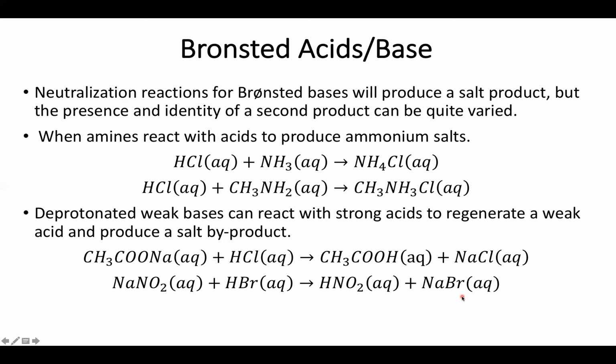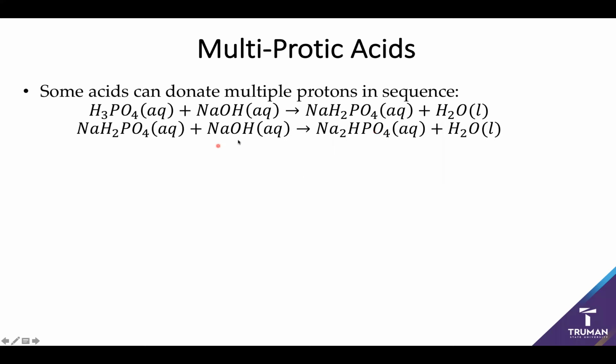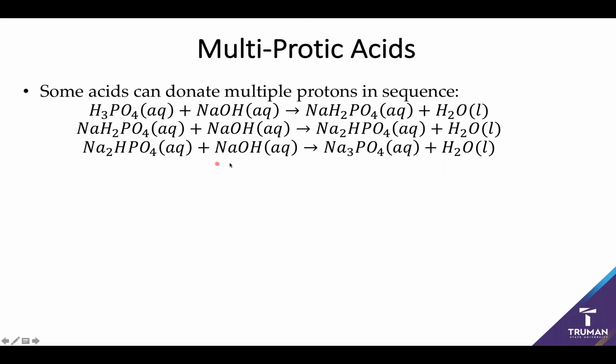However, one of the things that is worth noting is that not all acids can donate a single proton. Some can donate multiple protons. And this includes rather famous species like phosphoric acid. It can go ahead and react with sodium hydroxide to make a monodeprotonated salt, which can then react with more sodium hydroxide in solution to lose a second proton and even a third.